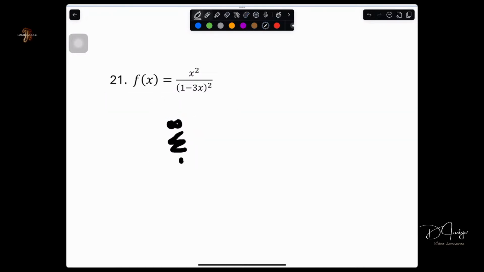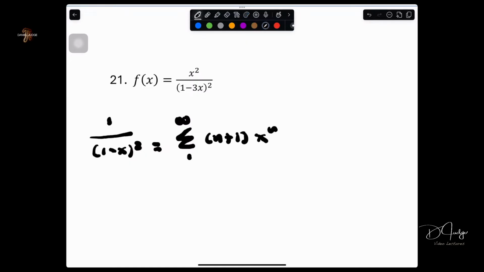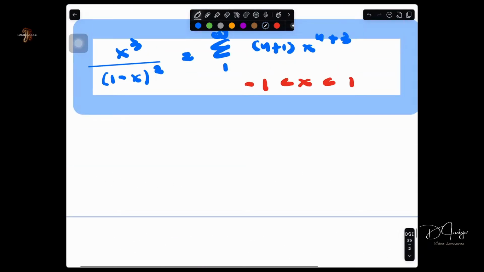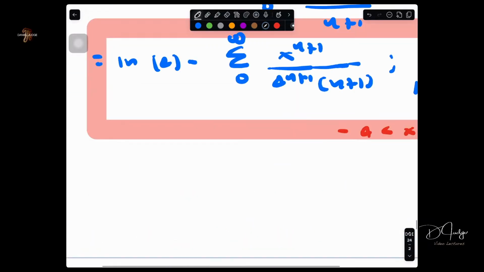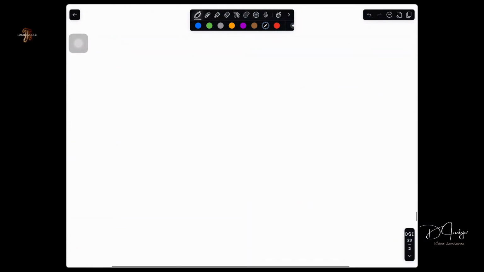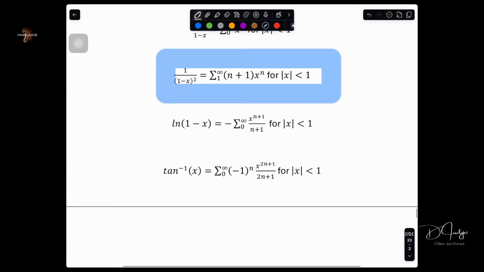That 1 over 1 minus x to the second power is described by the sum of n plus 1, x to the n, where we have the absolute value of x being less than 1 again. Okay. Let's double check.